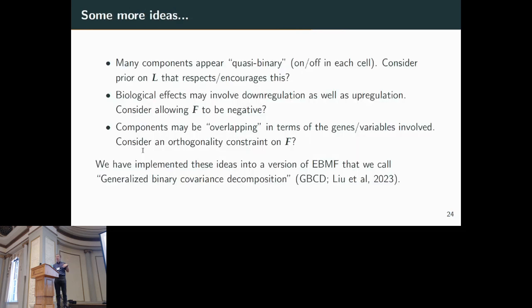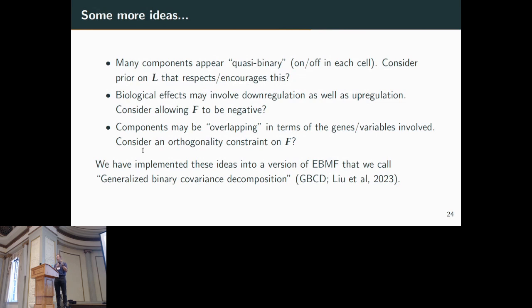So maybe we want a prior that encourages that. That's for the memberships. On the other hand, the Fs, maybe I should say, we're thinking of these K components as representing expression modules or programs that capture what genes are doing together in different cells.